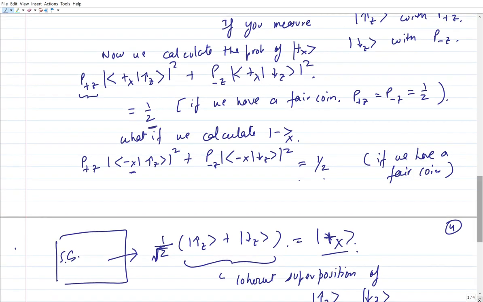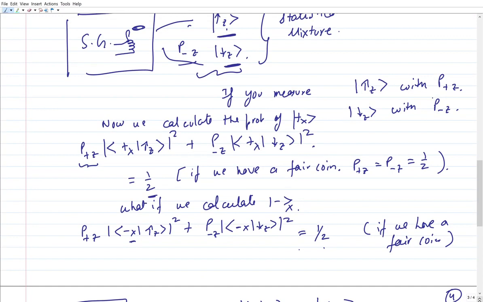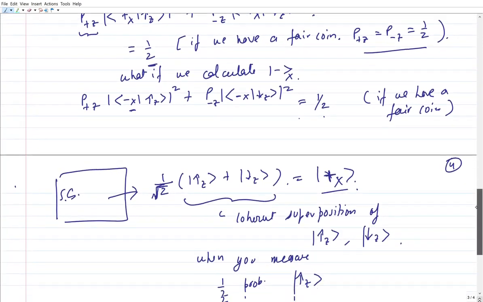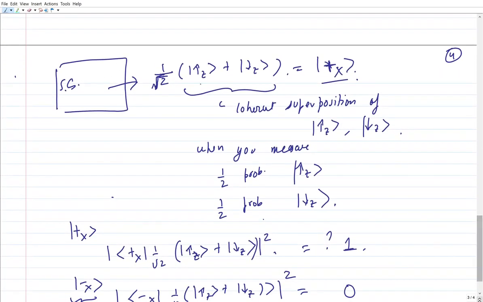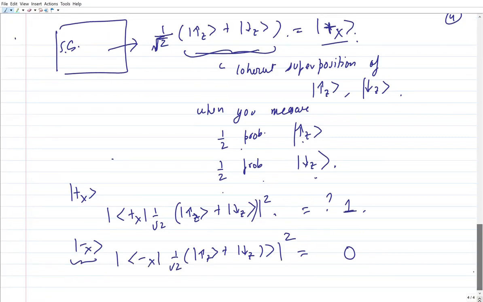Whereas when I was measuring the z operator, both of them were giving me half and half probability. Over here, I have a coherent superposition, and I'm getting the probability of half when I measure plus z, half when I measure down z or minus z, but when I measure plus x or minus x, I am getting 1 and 0.